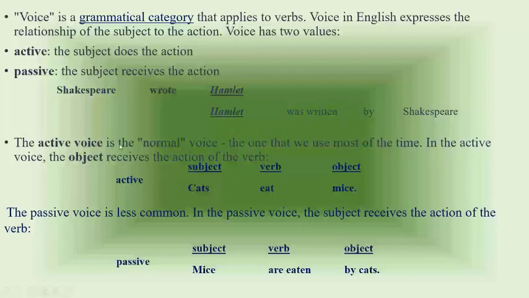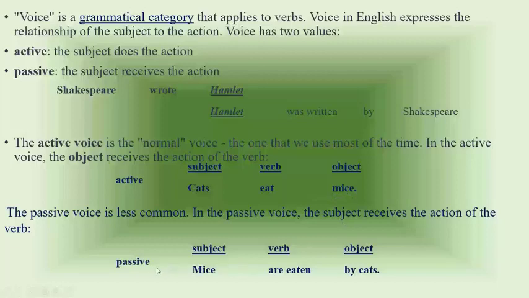The active voice is usually used in writing and speaking because it's more direct and more clear. The subject is clear. The object also is clear. For example, cats eat mice. Mice is the object, cats is the subject, and it's quite clear that cats eat mice. We know who or what is eating the mice.